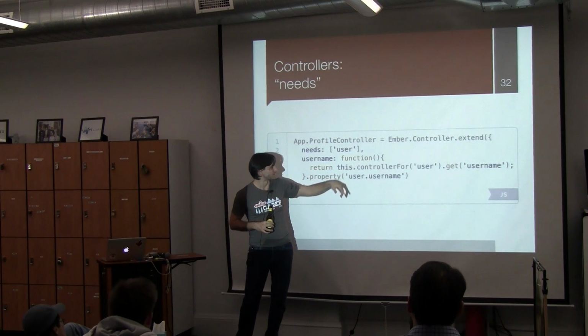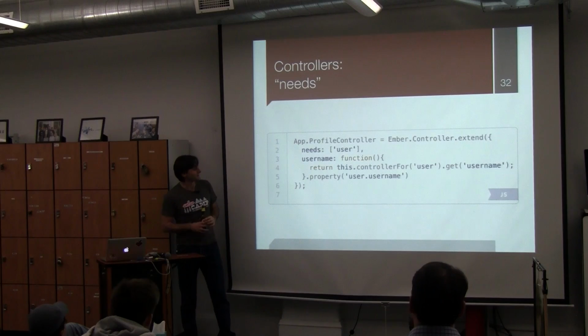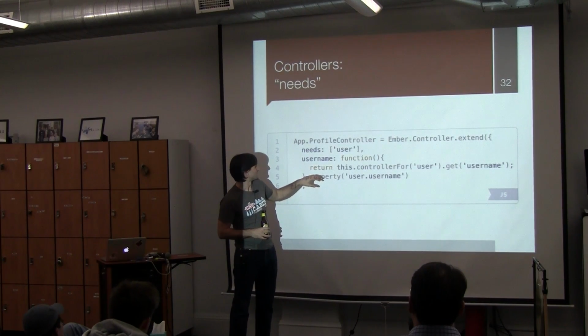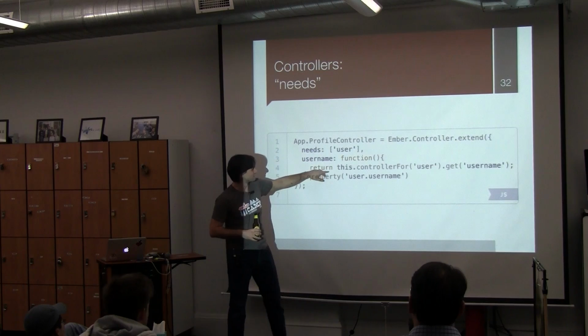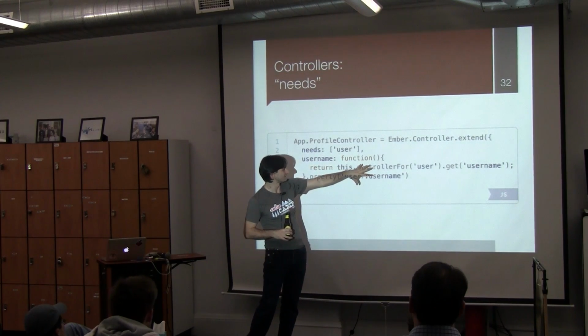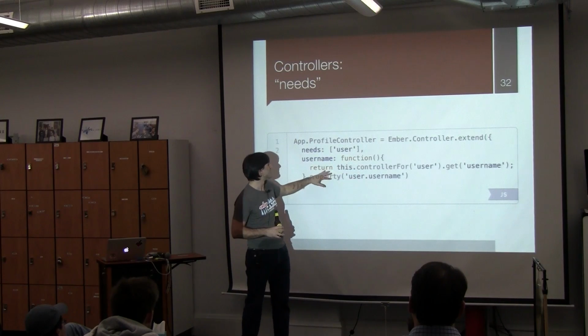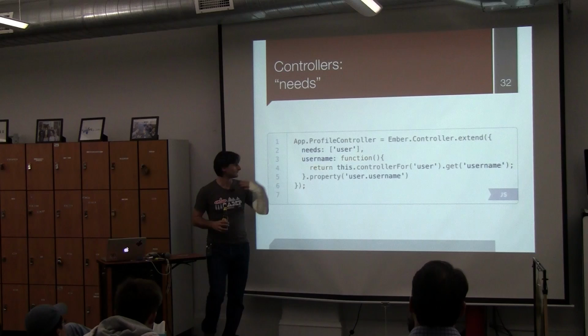I could say this.controllerFor user, get username. Probably a better way to do this would be to have a single user controller property, this.controllerFor user, and then I could depend on user.username for my username property.